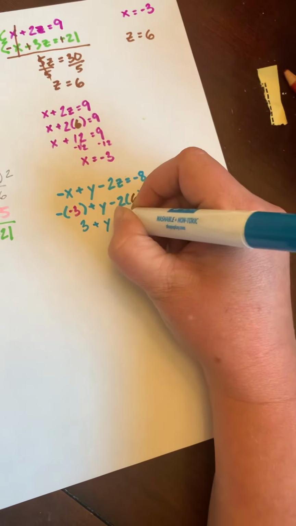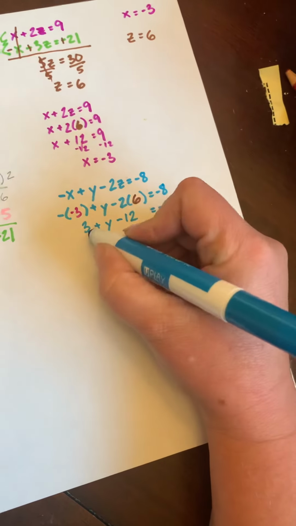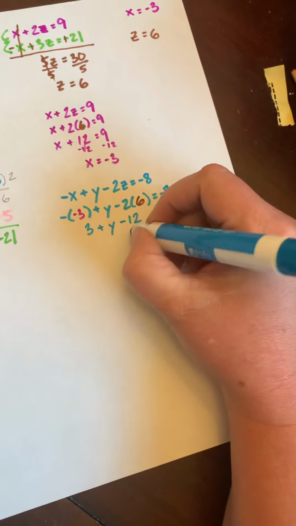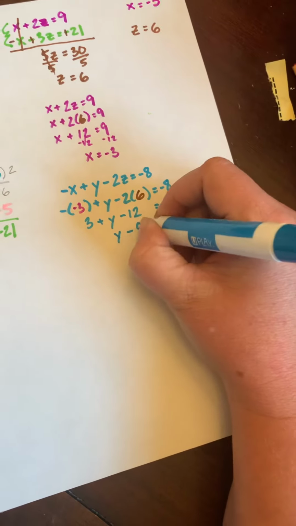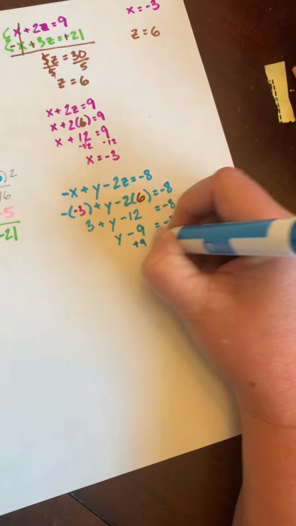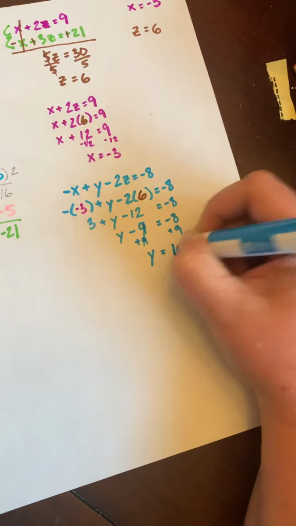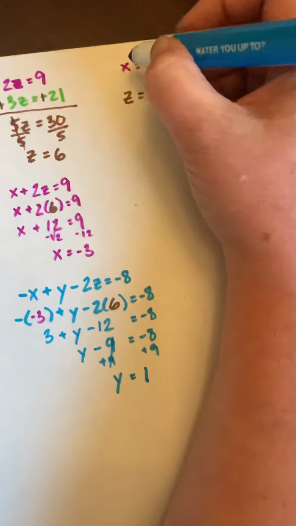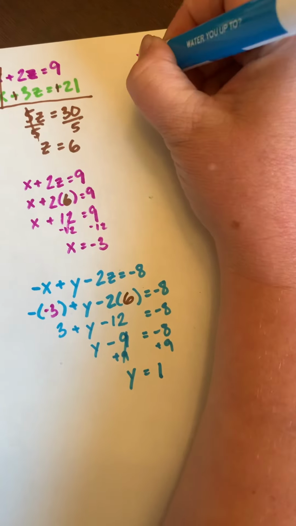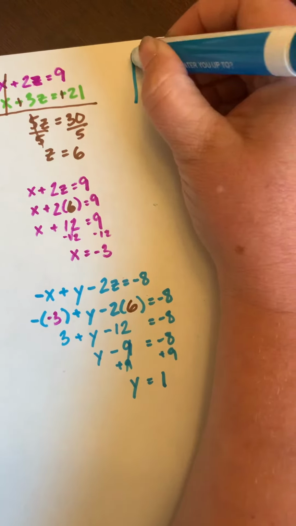Negative 2 times 6 is negative 12. 3 and negative 12 is negative 9. Add 9 to both sides of the equation, and we get y is equal to 1. So x equals negative 3, y equals 1, z equals 6.